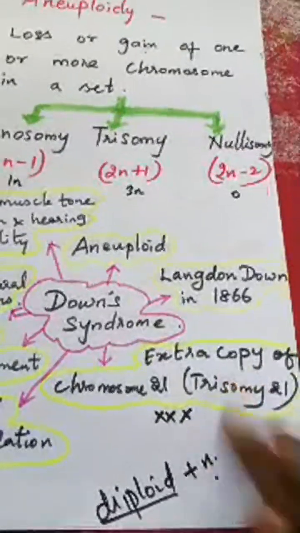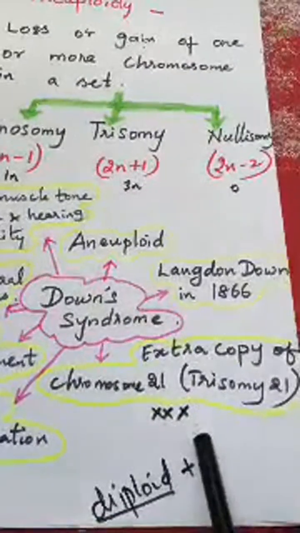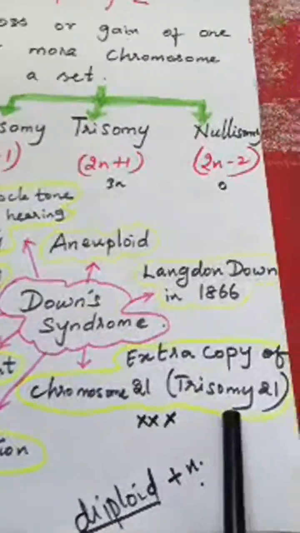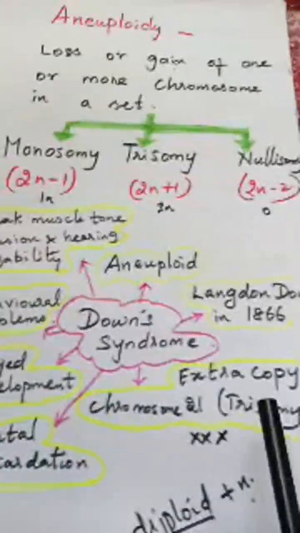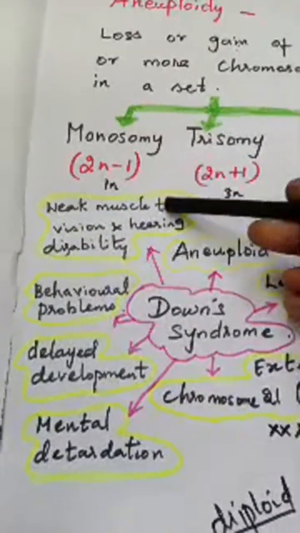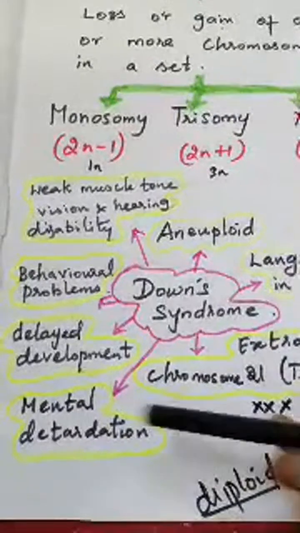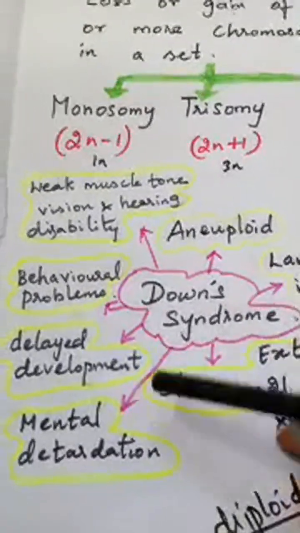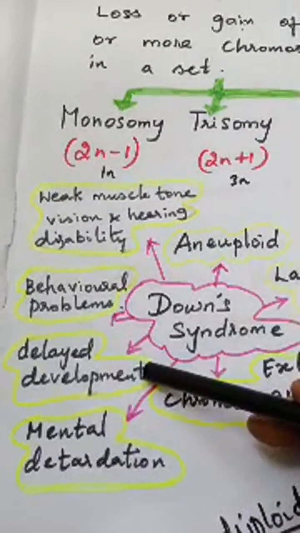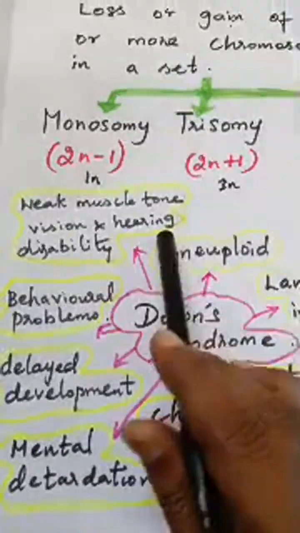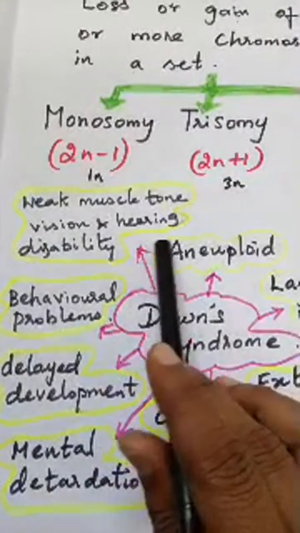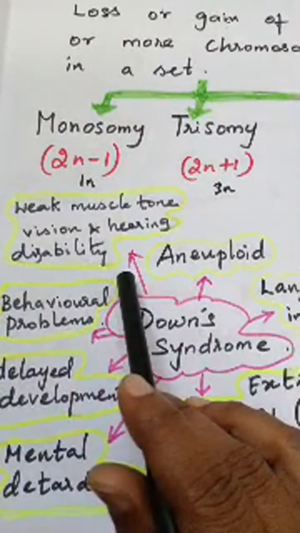So chromosome 21 has an extra chromosome, which is known as trisomy 21. Is that clear? And what are the clinical complications they will have? They will be mentally retarded, there will be delayed development and behavioral problems, and they will have weak muscle tone, vision and hearing disability.